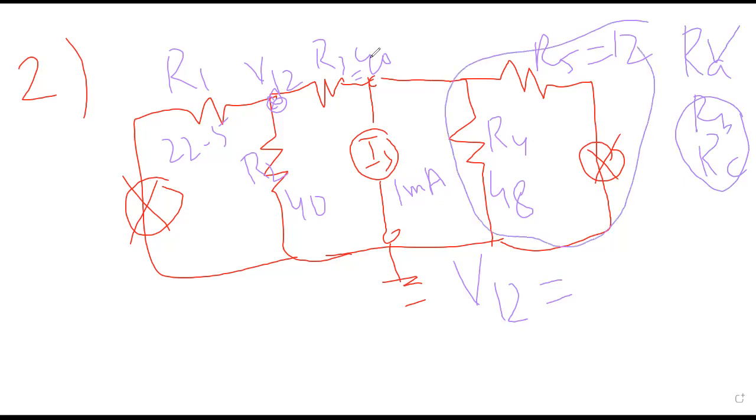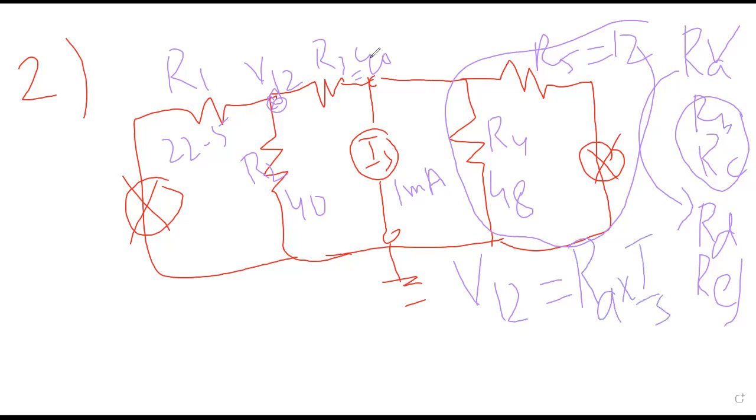So I am using RA, RD, and RE as the notation for this one. So V12 equals RD multiplied by the value of IS. So how to solve it?